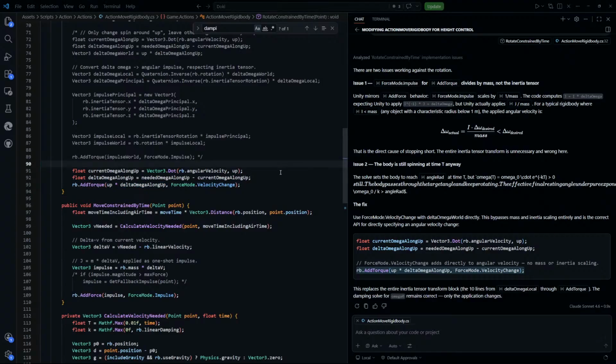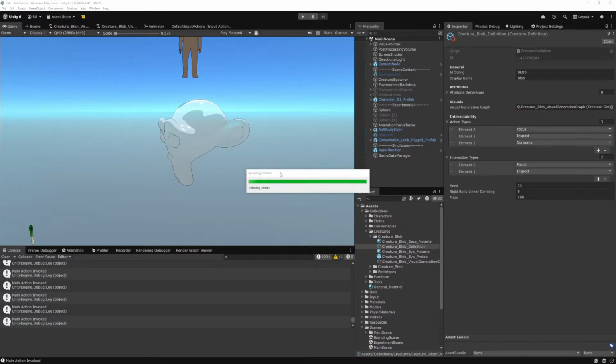Yeah, let's try a velocity change version then.